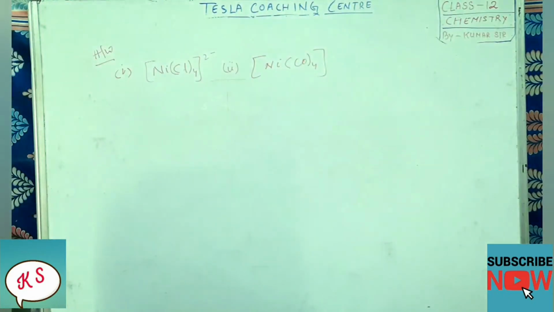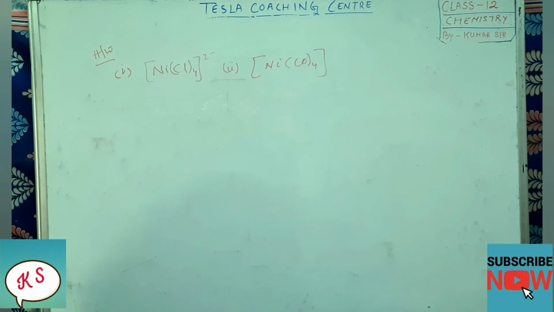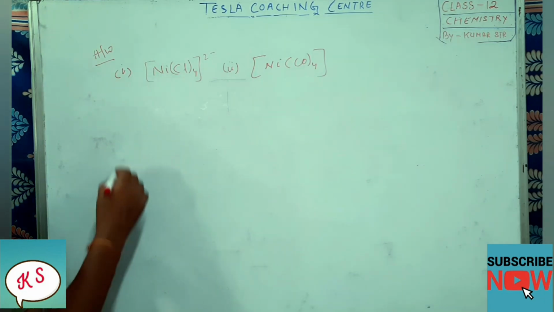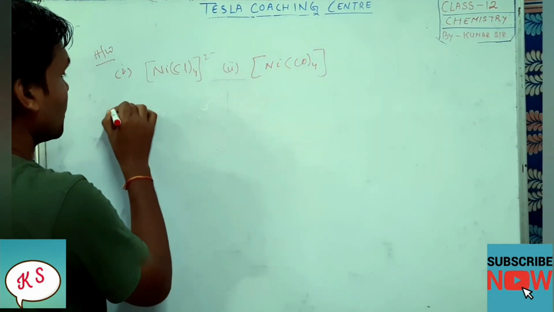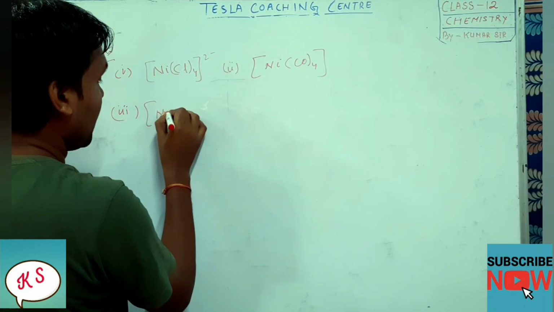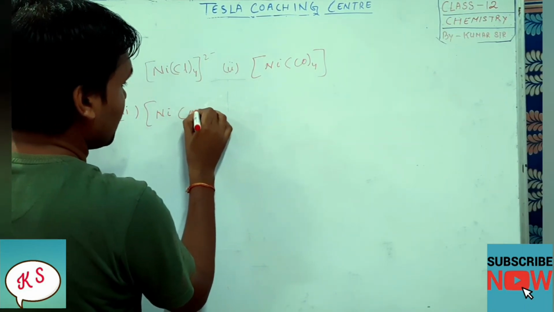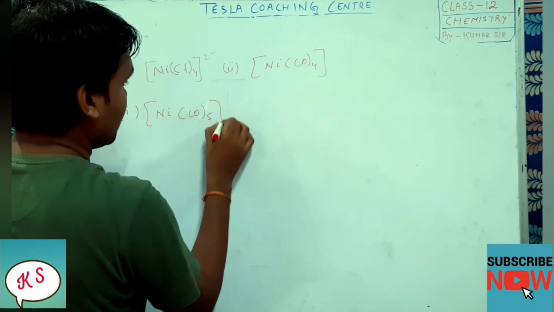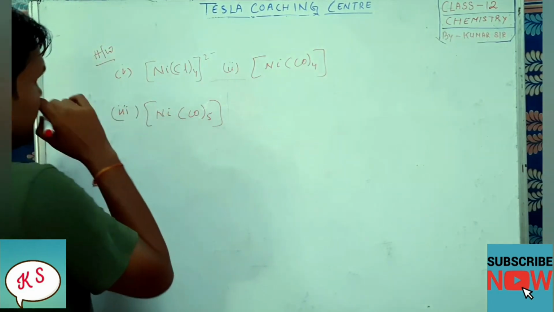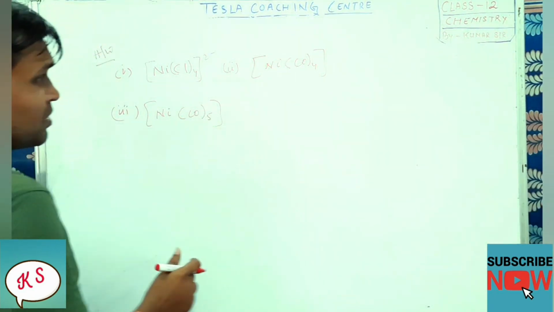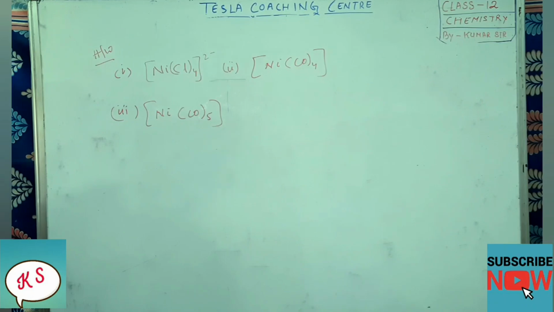Okay, then the next one is Ni(CO)5, Ni(CO)5. Here the coordination number is 5, so all of you will try this one.